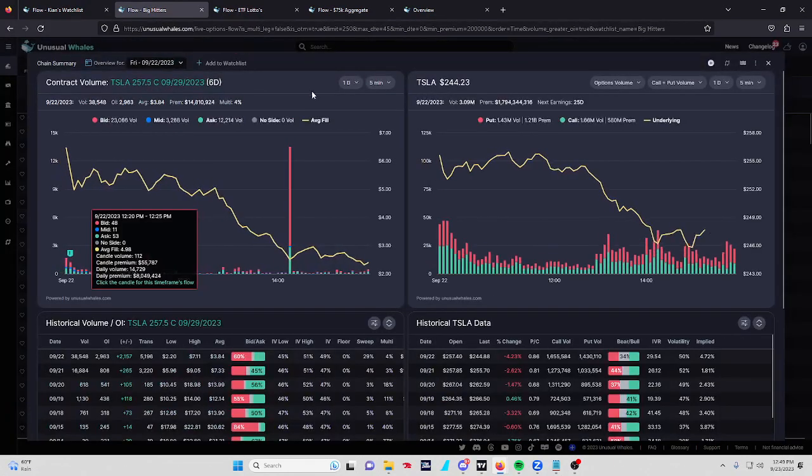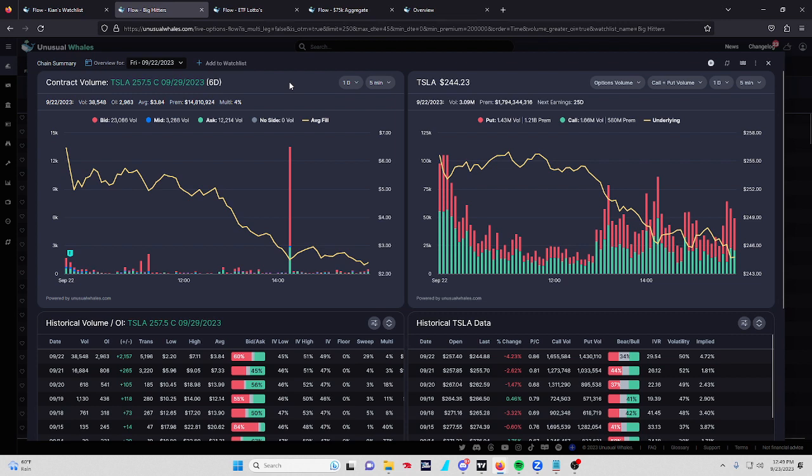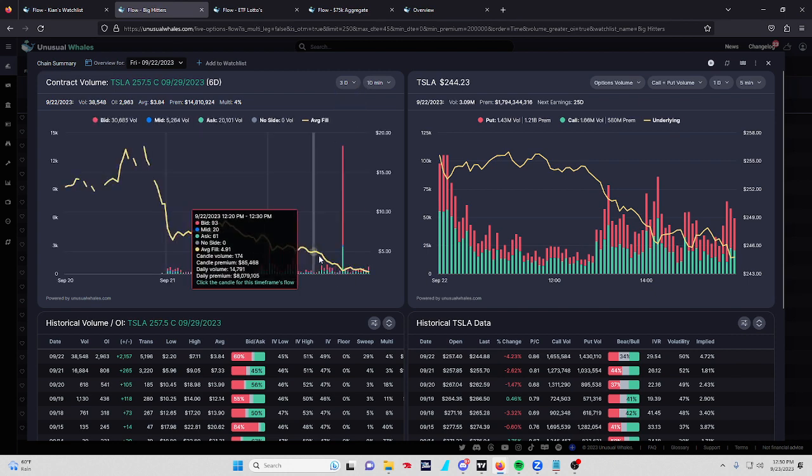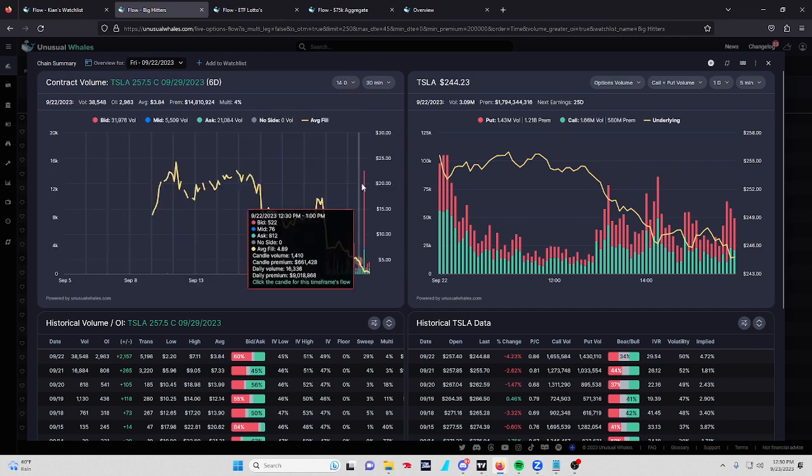Now, does this necessarily mean that someone is outright selling this 257.5 call, right? No, it doesn't. Because this call was probably bought, right? Throughout time, right?